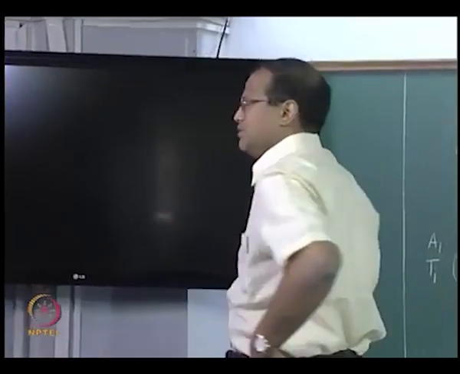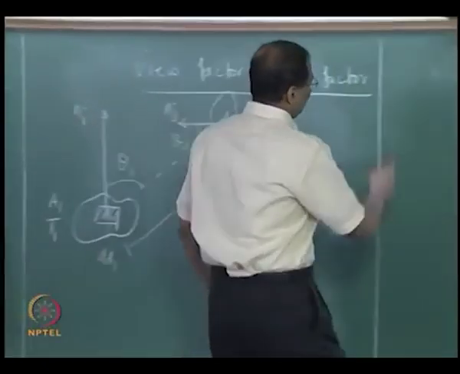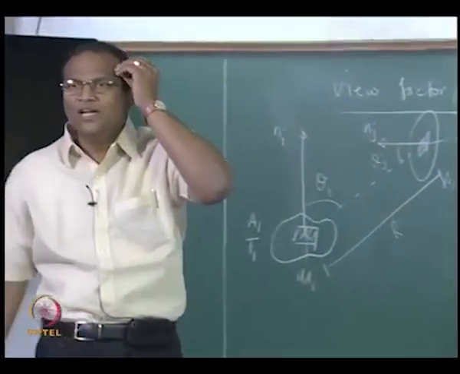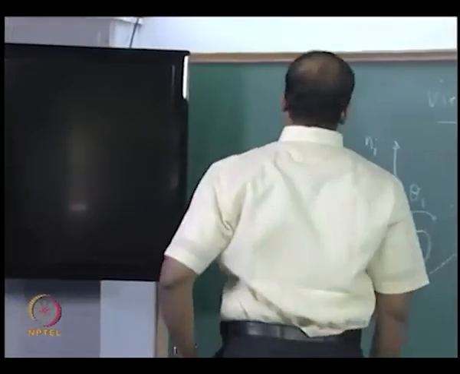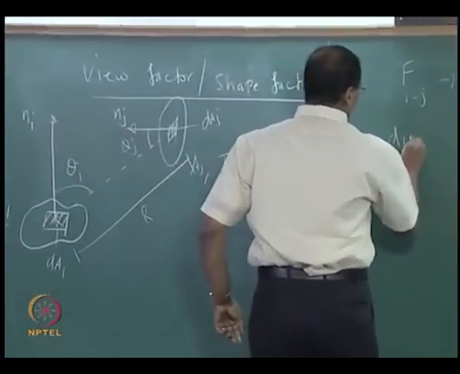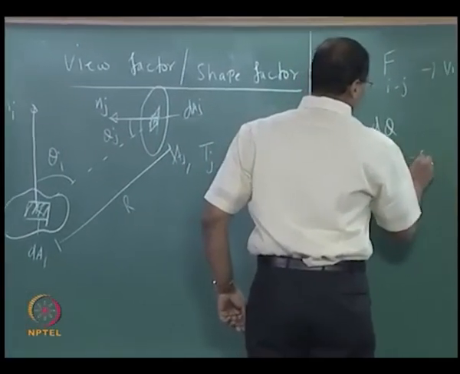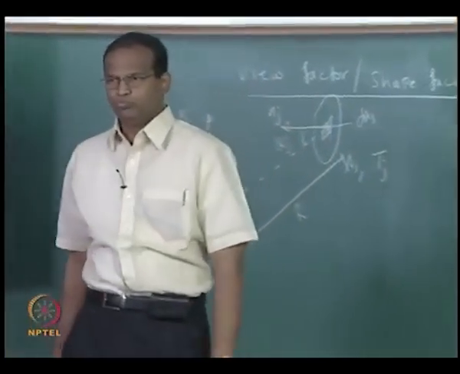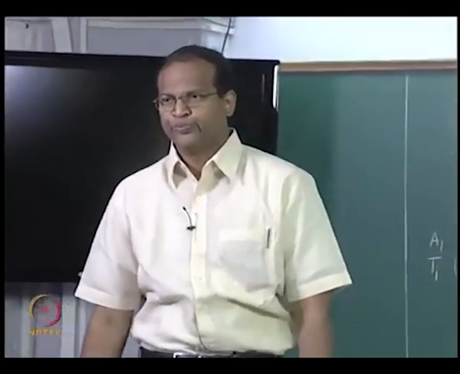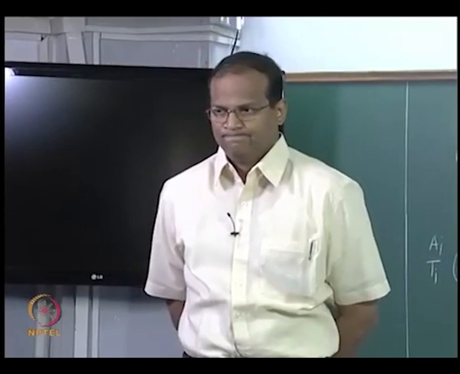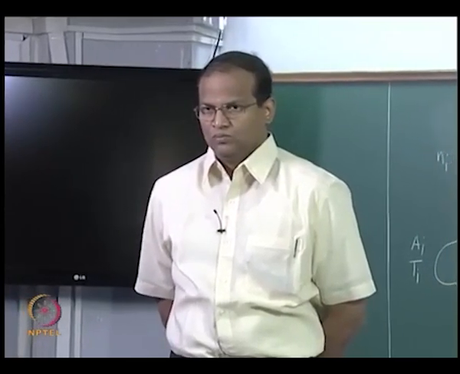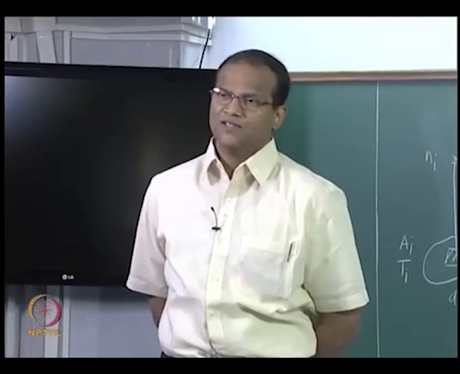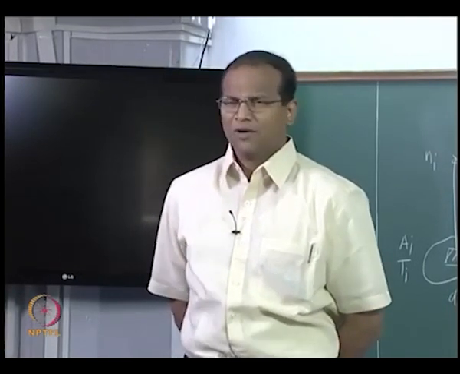So, first, what is the radiation which is leaving i, which is intercepted by j, what is dq from dAi to dAj? Capital I is the intensity of surface i, Ij is the intensity of j. It goes back to our definition of solid angle.